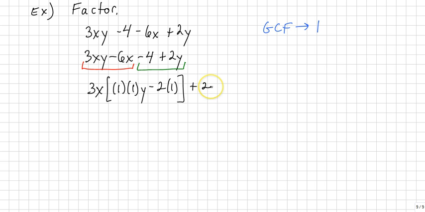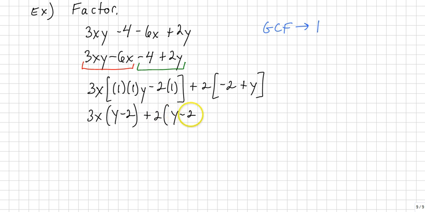So I'm going to take that 2 out. And then 2 times negative 2 is negative 4. And then 2 times y is 2y. Well, now if I clean that up a little bit, I just have y minus 2. In this other one, I have y minus 2.